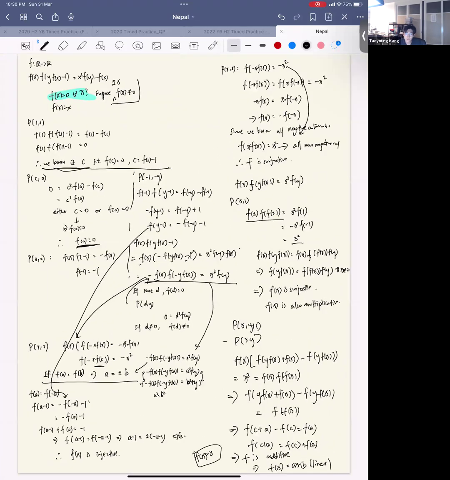So I think the solution is a bit longer, but the idea to reach f(x) times f(f(x)) is equal to x squared is a bit intuitive, and it's not that hard to reach the part that f(-1) is equal to -1.